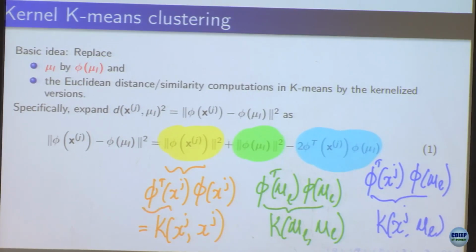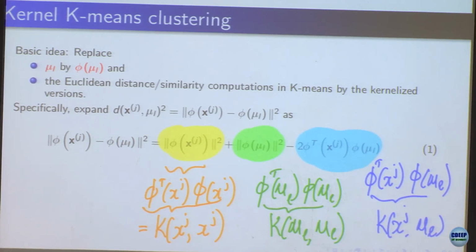Is there a question that bothers some of you? What is this mu l? Whose phi am I able to compute? Okay, so all we are saying is, this mu l is a point in the x space and phi of mu l is a point in the phi space. I am not going to compute phi ever if I use kernels, right? The whole idea of kernels is to bypass phi.